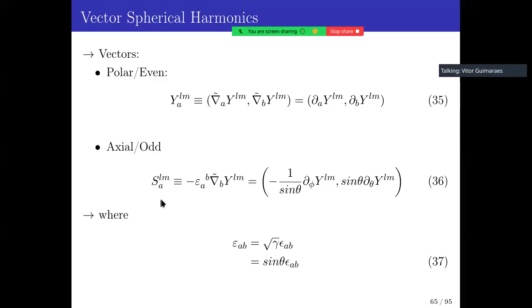And here, what we are doing is also taking the covariant derivative, but we're going to have this, I forgot the name of it, the Levi-Civita, the two-dimensional version of the Levi-Civita tensor, right?